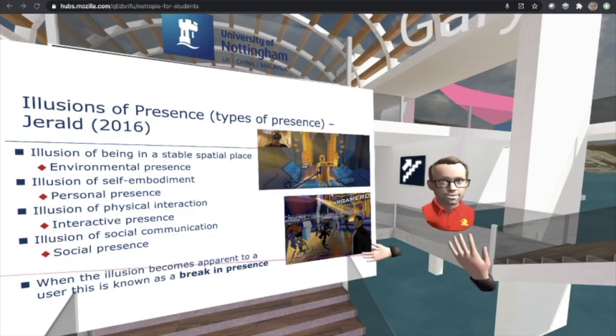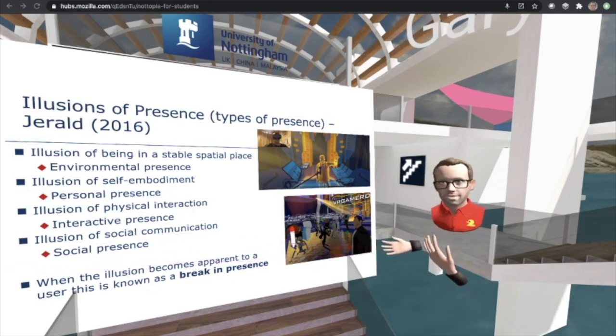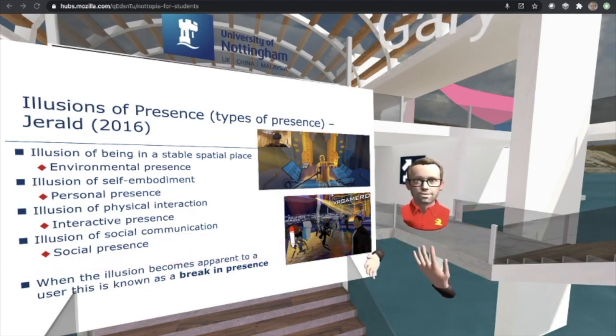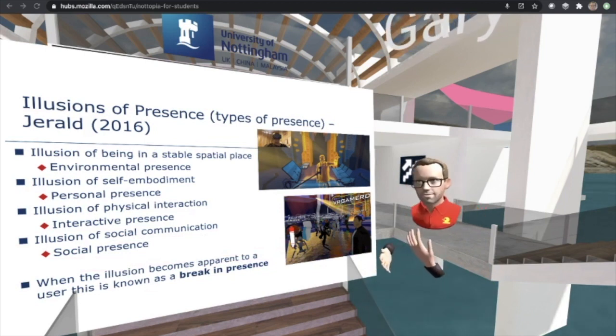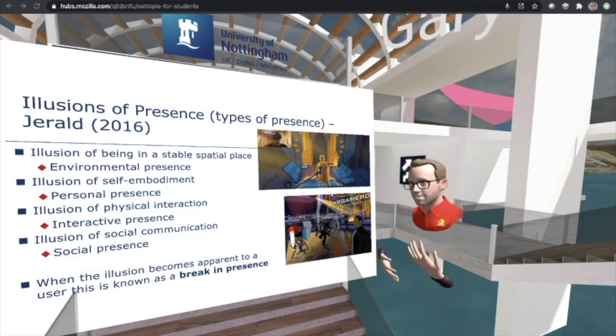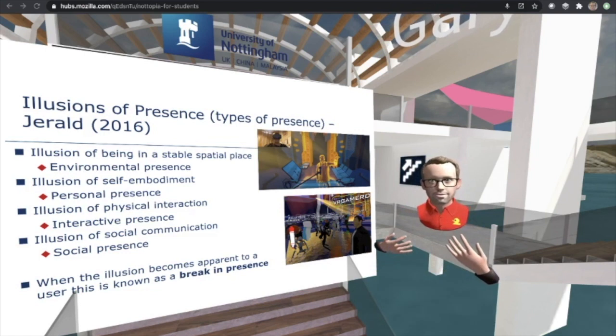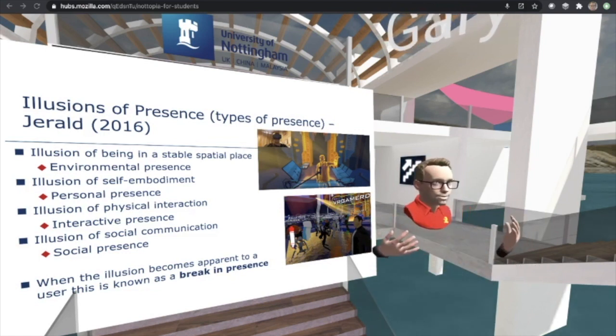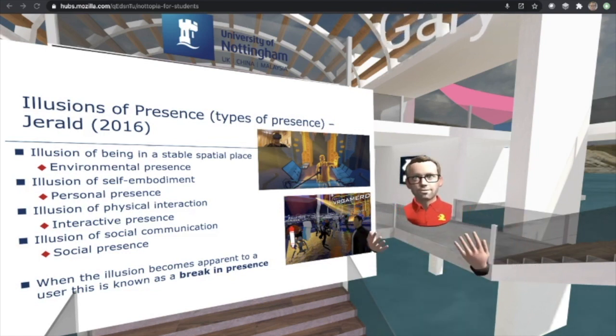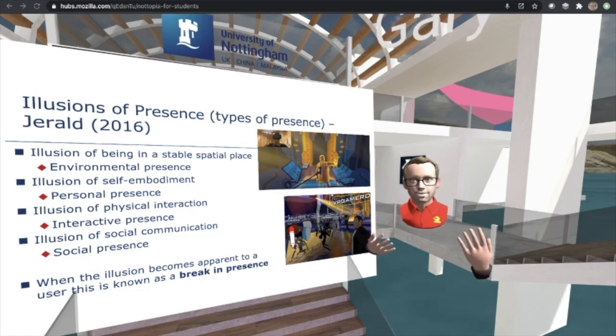They may not necessarily be real people, they may be AI agents, but there is high social presence if I feel like I can verbally communicate with others within the world, but also I can non-verbally communicate with others.